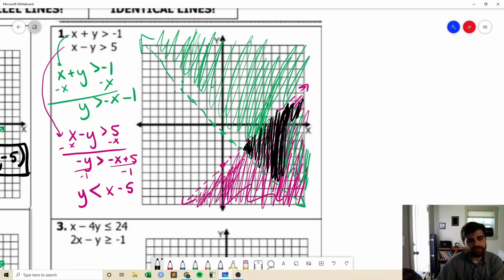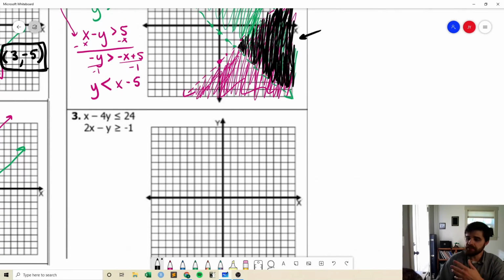When doing this by hand, make sure that area is much darker than the other ones. If I were using a pencil, I could do a nice light shade over here and dark shade over there. So any point in there solves the system, right? I could choose any of these points and it would work for both of these.